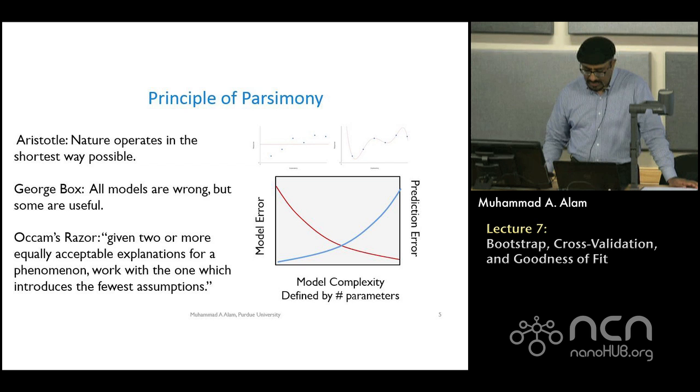George Box, I should have put later, because Occam is a Franciscan friar from about the 12th century. This is a long time, almost 2000 years, and this is more recent. But they essentially all say the same thing. George Box says all models are wrong, but some are useful in terms of encapsulating the data. And Occam, which you may have heard about, says that given two or more equally acceptable explanations for a phenomenon, work with the one which introduces the fewest assumptions.